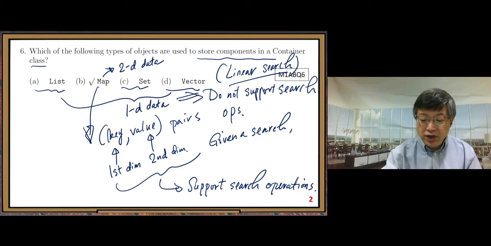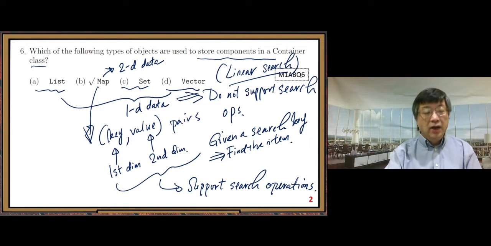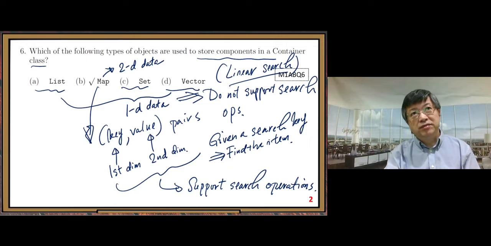So given a search key, you find that item. You do not use linear search.